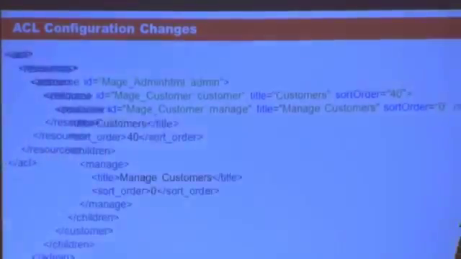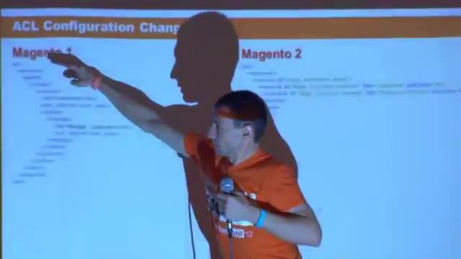If we compare this configuration, this is Magento 1 configuration and this is Magento 2 configuration, and ACL configuration is half as long in Magento 2. And our developer, again, is happy.